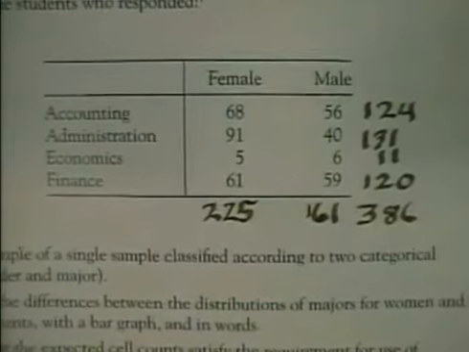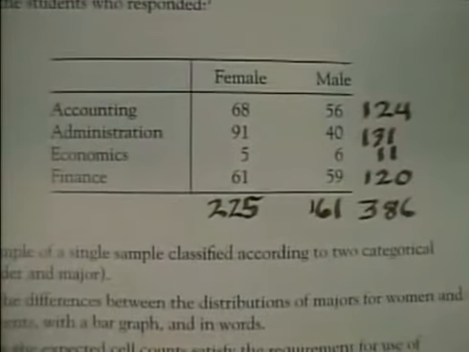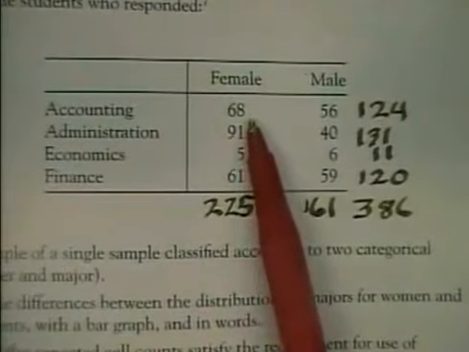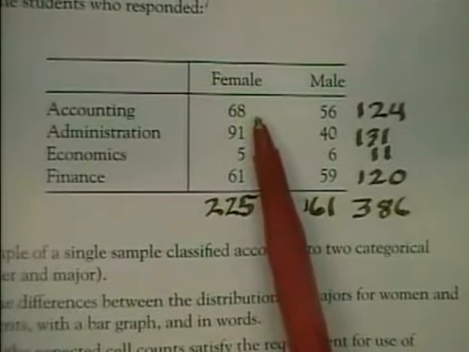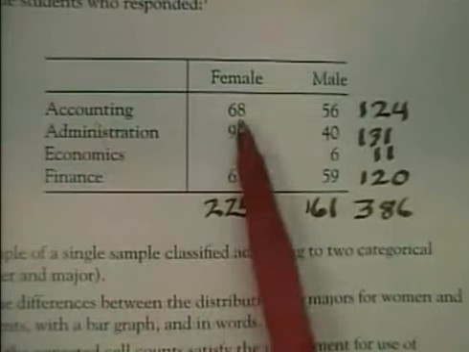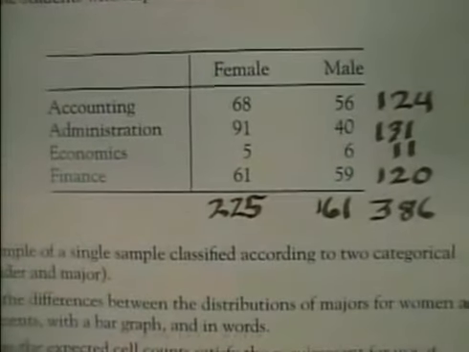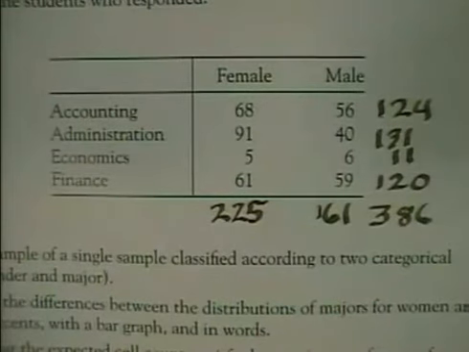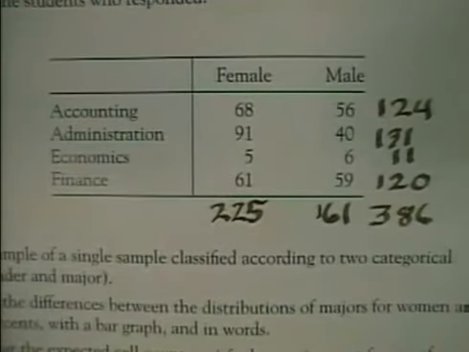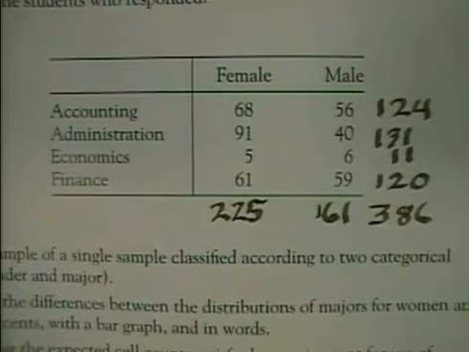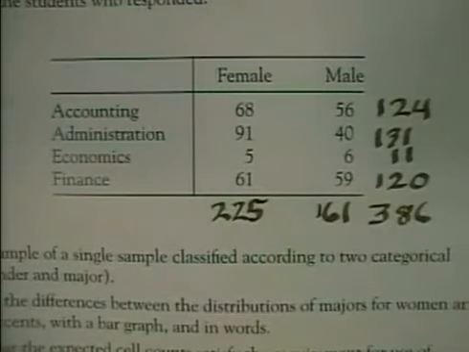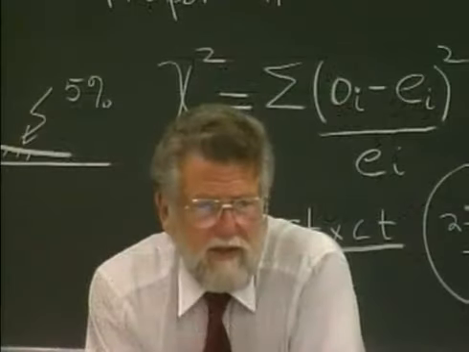How am I going to get the expected value? And let's just take the first cell. How do I get the expected values for the number of females in accounting? I know it's 68 in reality, but what should I expect? And the assumption is that the choice of major is independent of being male or female. So it should be 62. Okay, Sean's saying common sense says 62.